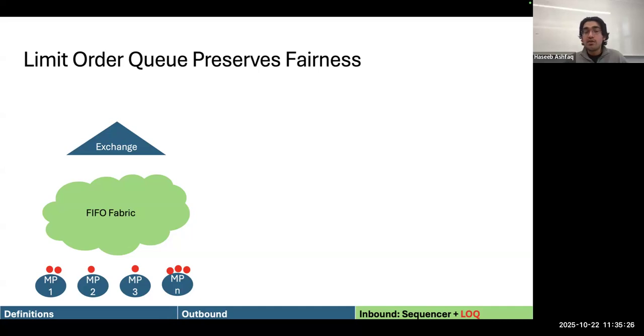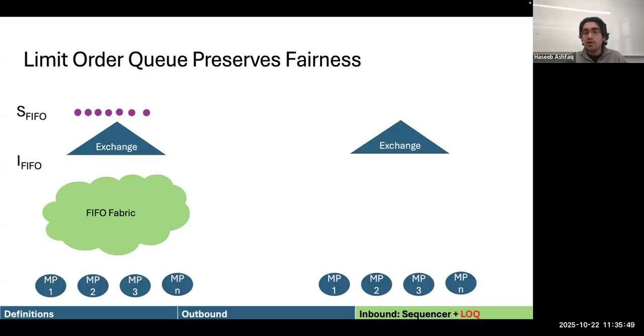It's just a first in, first out fabric. Then all the orders which go through it will appear at the ingress of the exchange. Let's call this sequence IFIFO. Then they go through the matching engine and are executed, and whatever the order of the output is, let's call it SFIFO, the sequence FIFO.